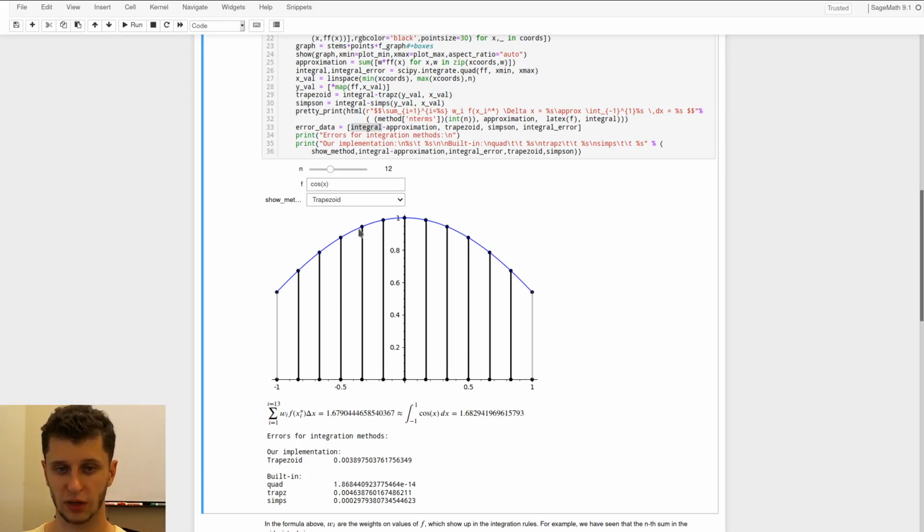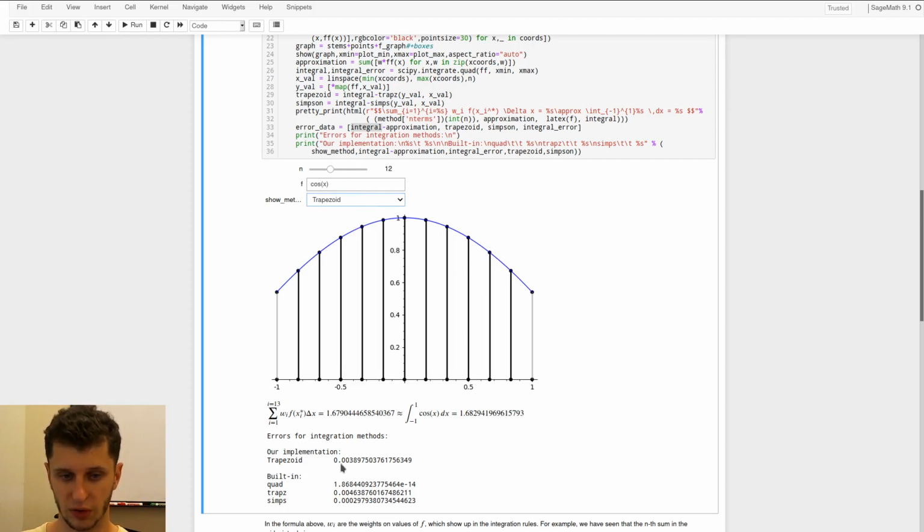These vertical lines denote the xi's, the endpoints of subintervals in the partition of -1, 1. Let's look at what happens when we change the method from the trapezoidal rule to the midpoint rule.